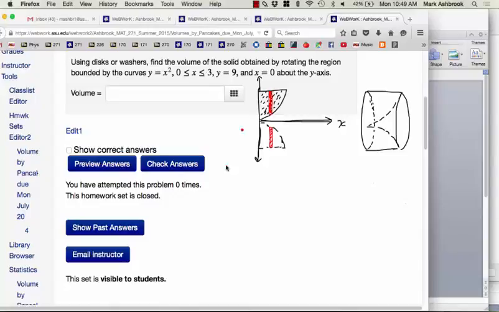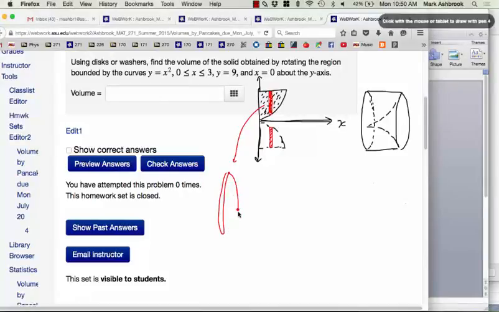Yeah, so let's draw it. So our typical element's going to be this. Yeah, we're going to call these washers.